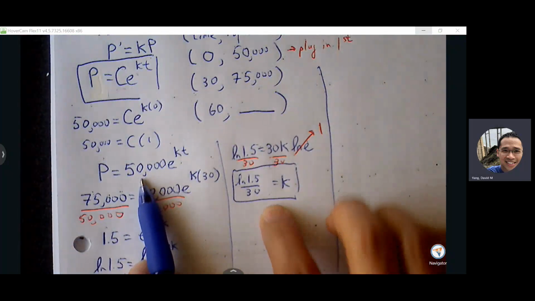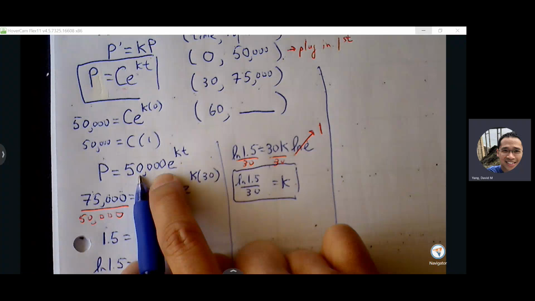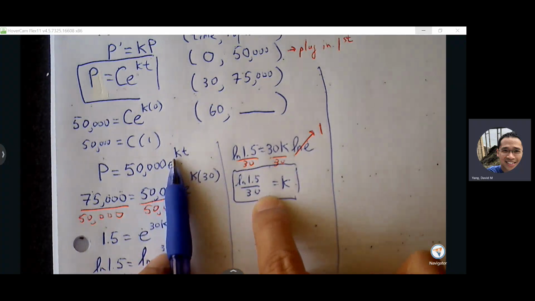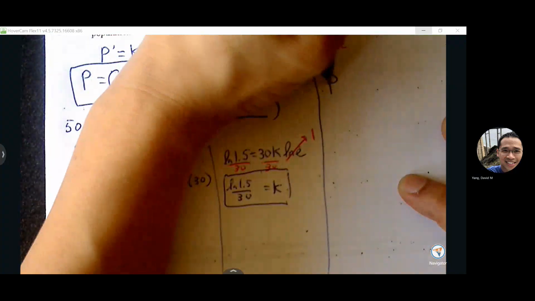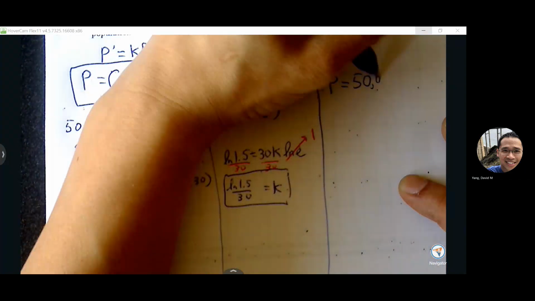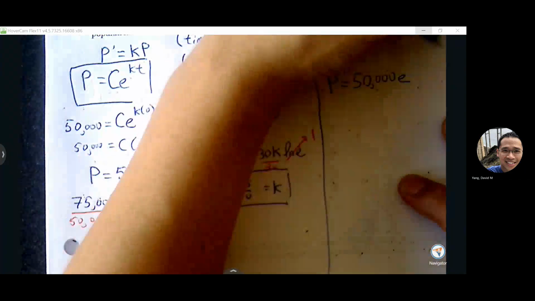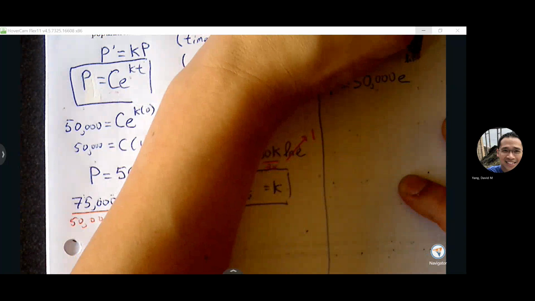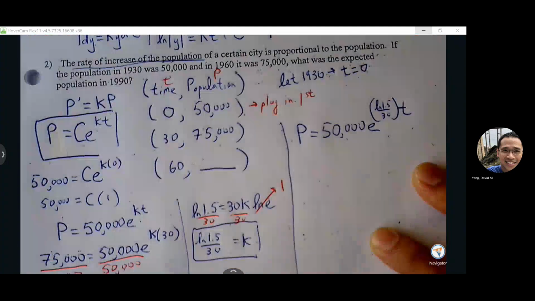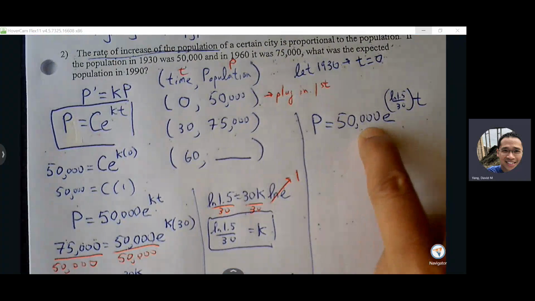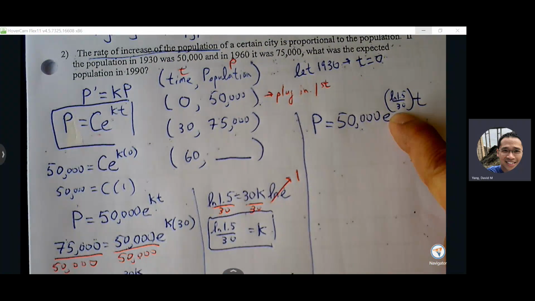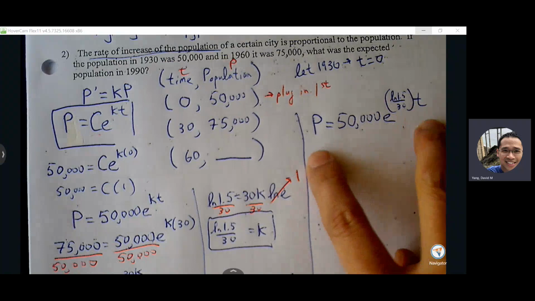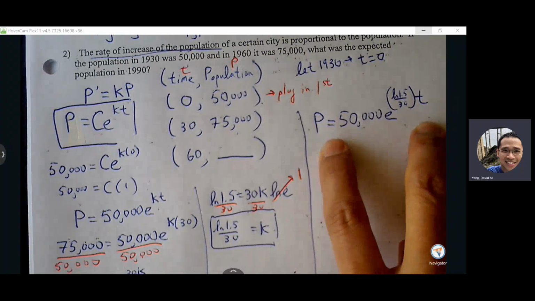This is my equation halfway updated, but now I can do the full update. I replace the C with 50,000. I replace the K with natural log 1.5 over 30. And now I can use this to make any predictions I want.